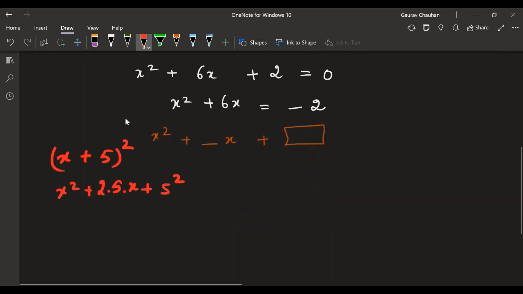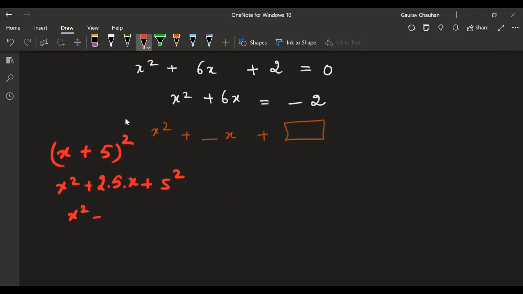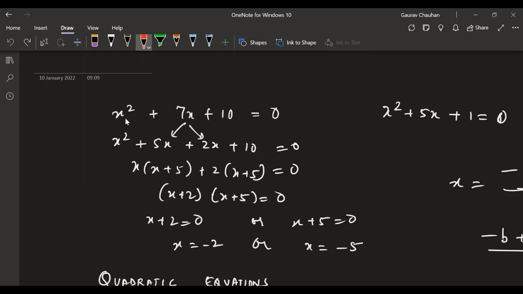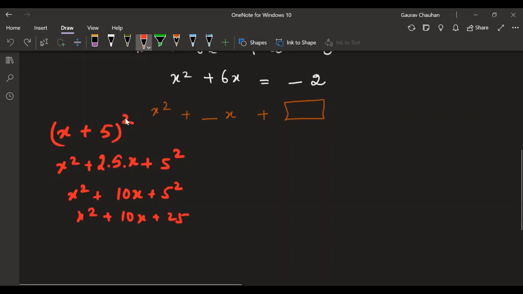So it will be x square plus 10x plus 5 square, so x square plus 10x plus 25, correct? You're following this? You have an idea of the a plus b whole square formula, no?